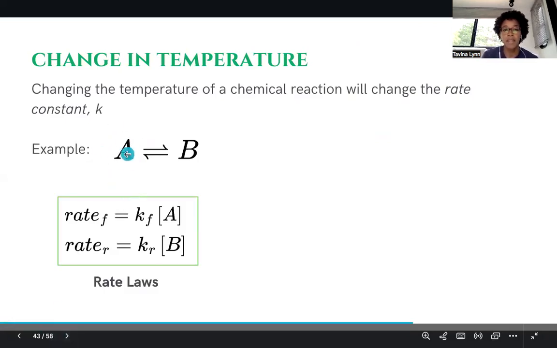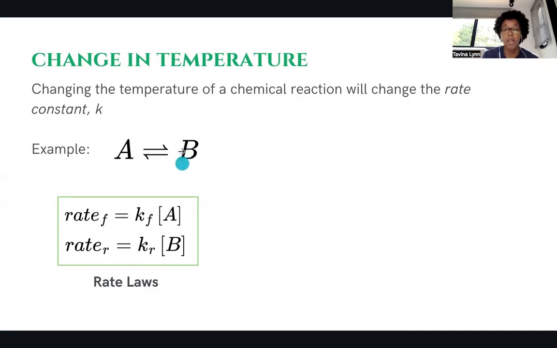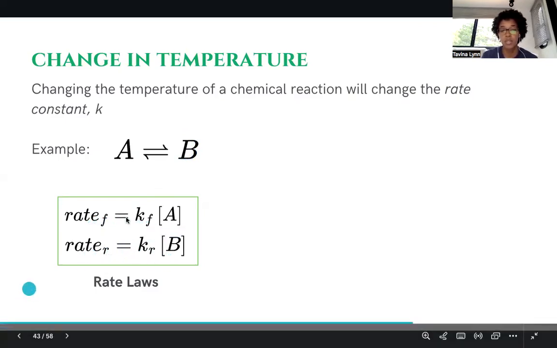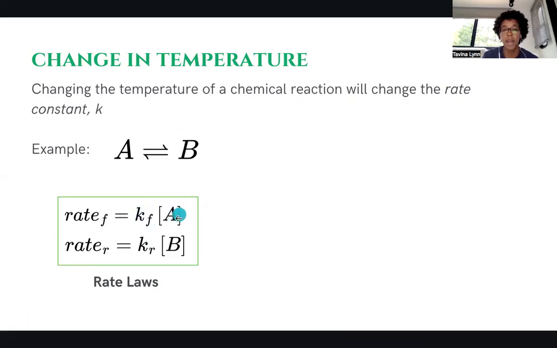If we have reactant A forming product B, these are our two rate laws for the forward and the reverse direction. Rate constant k times reactant A for the forward reaction.